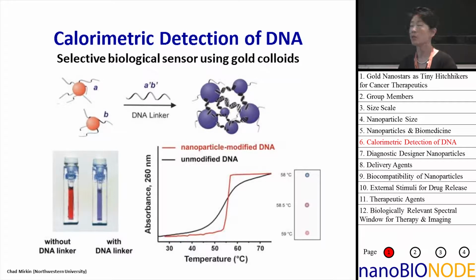That induces a color change, a change in what's called the localized surface plasmon resonance. But more curious about this type of process, where you can see very specific binding based on color change, is that the melting temperature, or the temperature at which the DNA dehybridizes from a duplex to single strands, is very, very sharp.